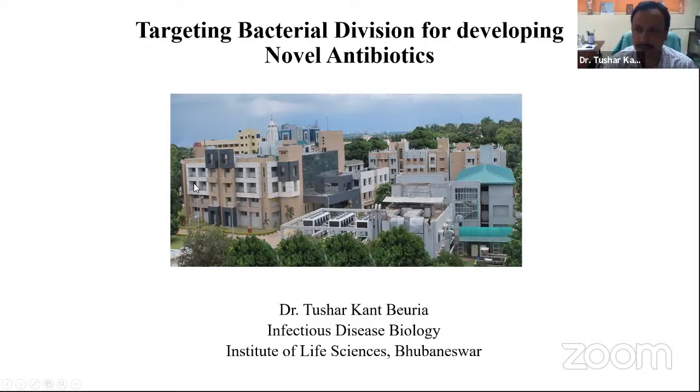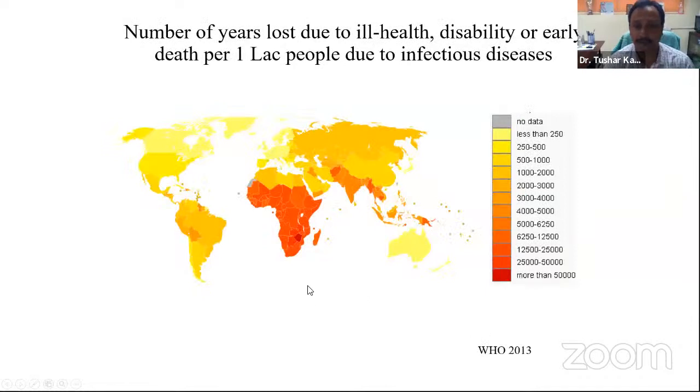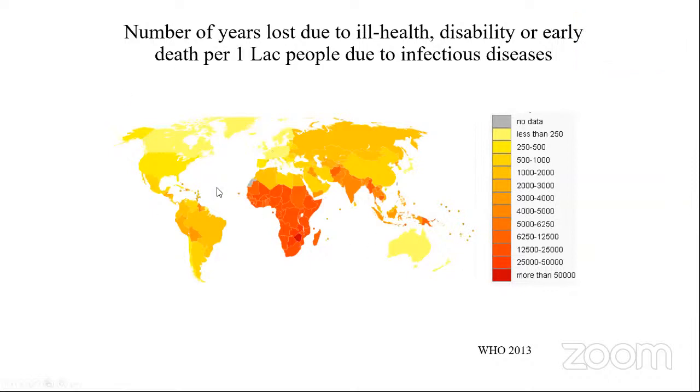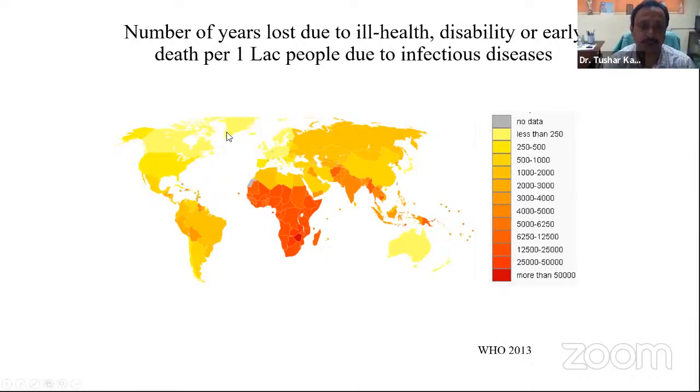So Vinod has already introduced me. I am Dr. Tusar Beuria from the Institute of Life Sciences, and my group works to understand bacterial division and whether we can target it to develop novel antibiotics. Now, if we look at how infectious disease can cause havoc, this is old data by WHO from 2013. It shows the number of years lost due to ill health, disability or early death for 1 lakh people all over the world.